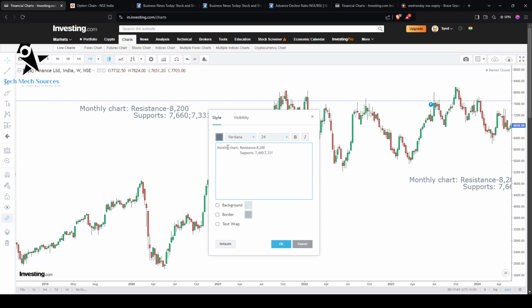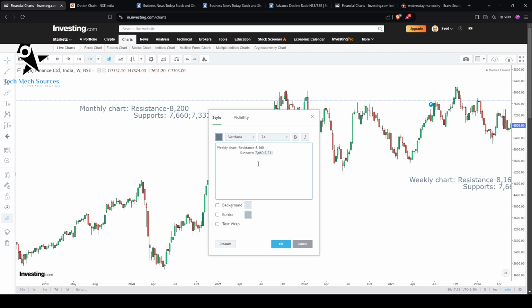Okay, let me write here weekly chart, support and the resistances. So weekly chart, of course the resistance will be 8168, so 8160.